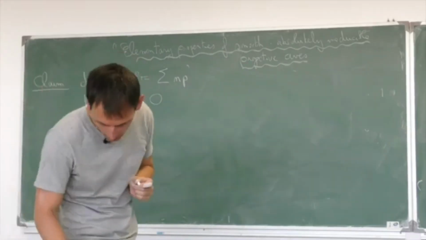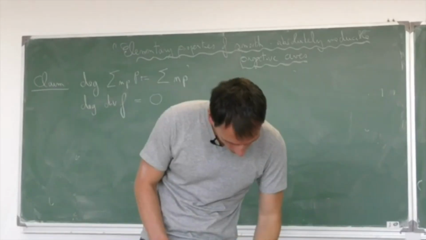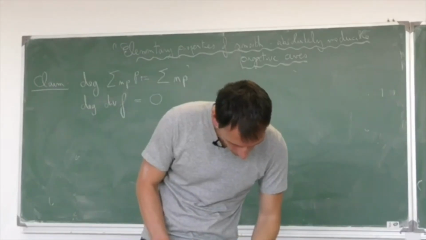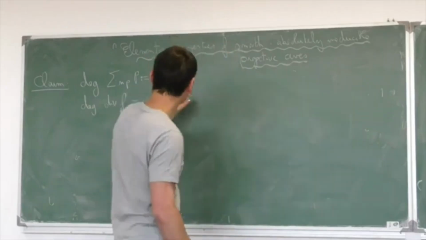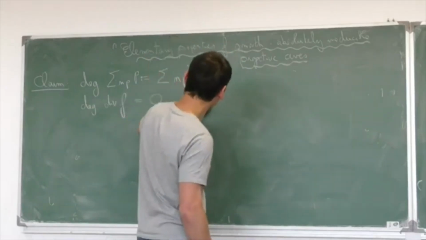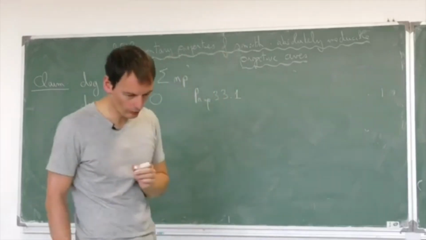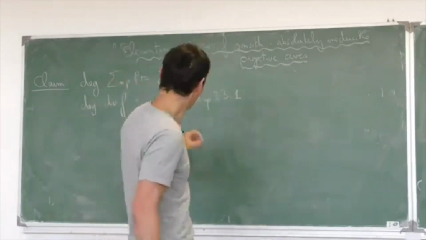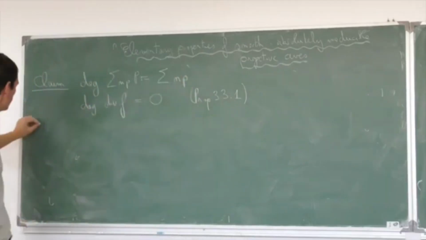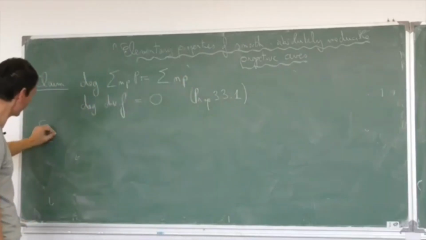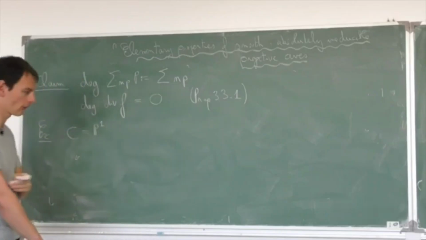I'm not going to prove that. I refer to the notes. That was proposition 3.3.1, in chapter 3 of the notes. But I just want to try again to illustrate it in two simple examples. So let's take the case where C is P1.